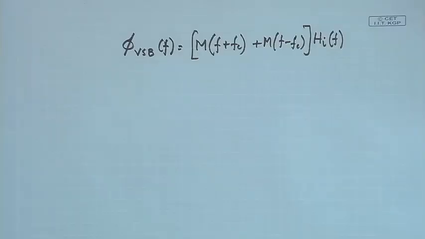This is my modulated signal. Because VSB and SSB look almost similar, my demodulator should be almost similar. If I do not add a carrier, it should be something like this.